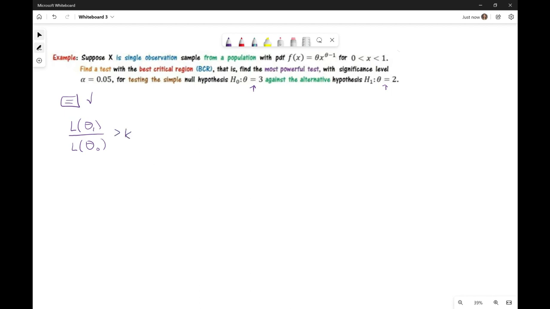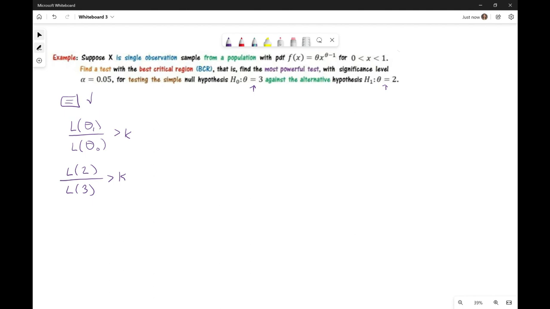In this case, our null hypothesis tells us that theta is equal to 3. Our alternative says that theta is equal to 2. So if we plug that in, we're going to have L2 over L3 greater than k.